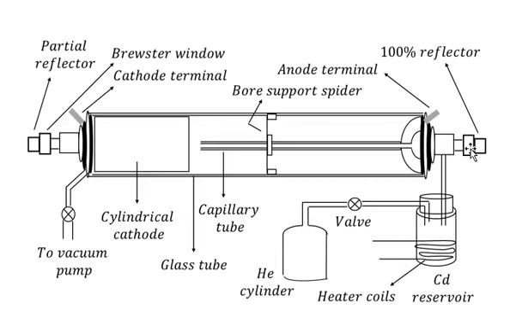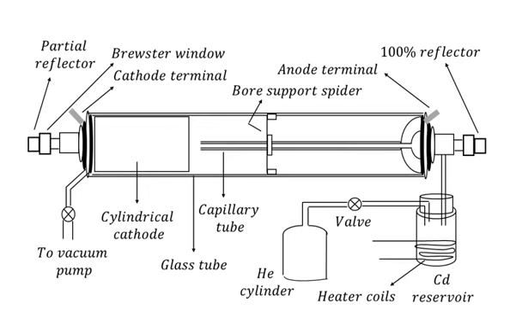So two Brewster windows on either side to obtain a linearly polarized beam. You can see this is the cathode terminal and this is the anode terminal. This is a bore support spider to support the capillary tube.